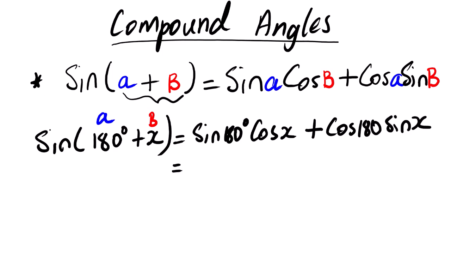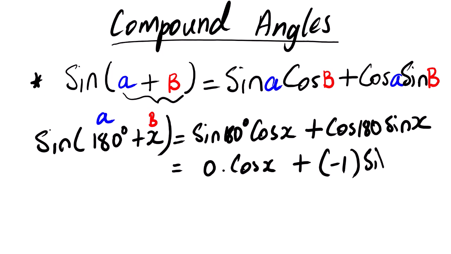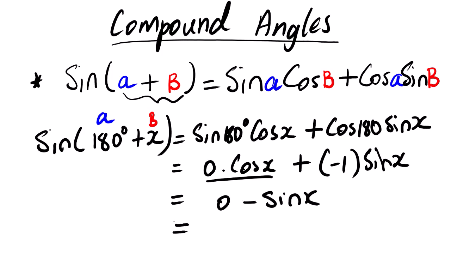Sine x. Simplifying this, sine 180 is 0 multiplied by cos x, plus cos 180 will be negative 1 sine x. So this will be 0. Negative 1 multiplied by sine x is negative sine x.